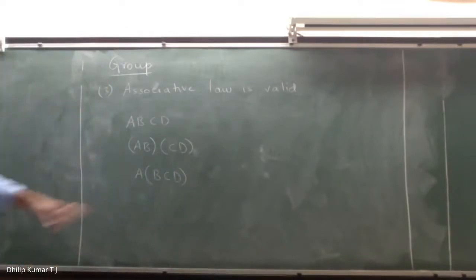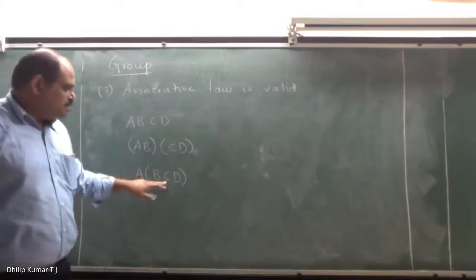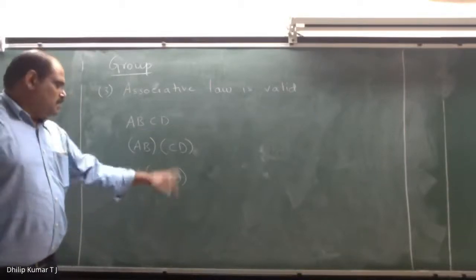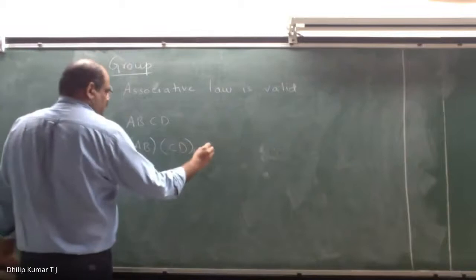So basically, you take the product of BCD, or the product of BC and then multiply with D. Whatever comes out, you multiply with A, will give the same answer. So any combination will give the same answer.